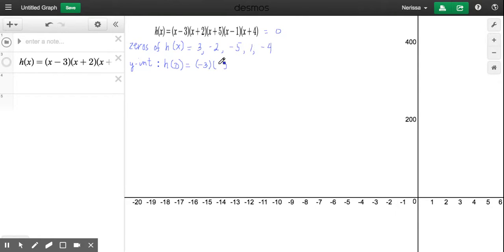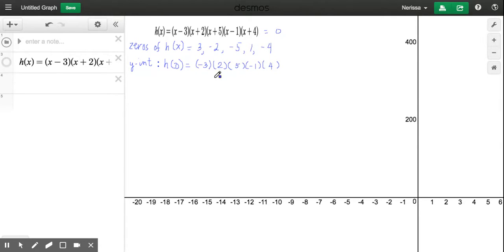X plus 2 becomes 0 plus 2, which gives us 2. X plus 5 gives us 5. And x minus 1 is going to be 0 minus 1, which gives us negative 1. And x plus 4 becomes 0 plus 4, which gives us positive 4.